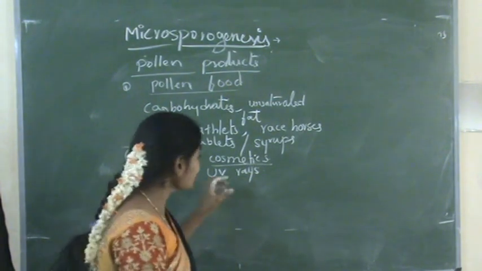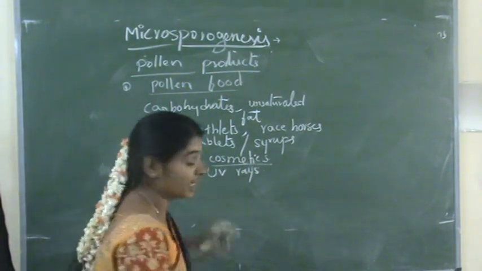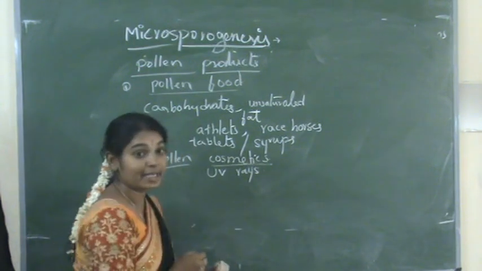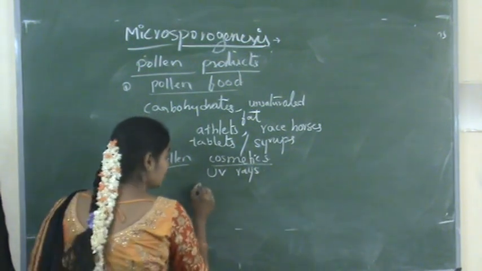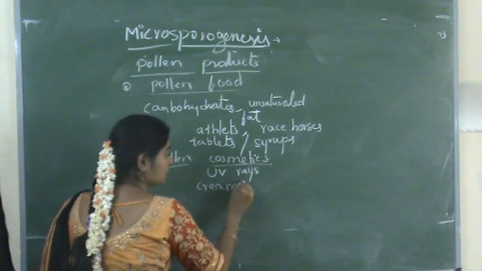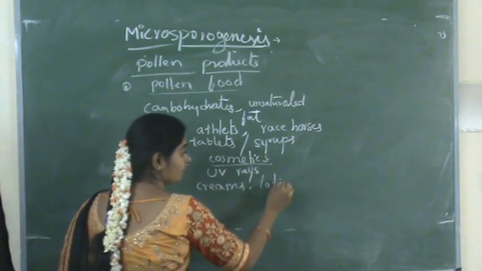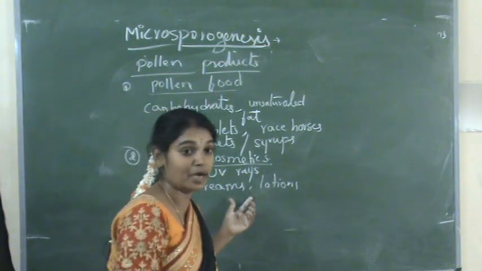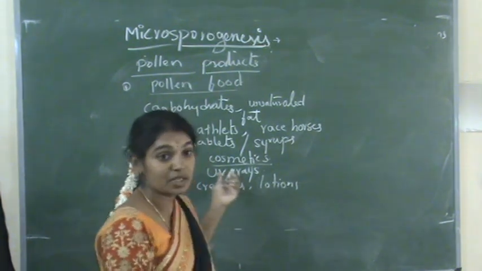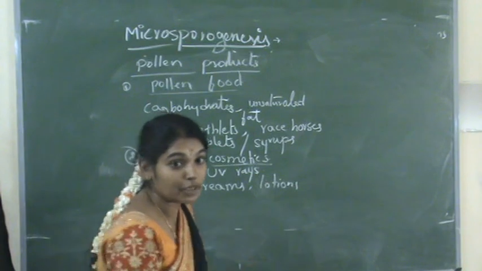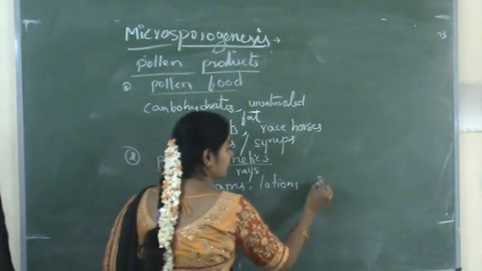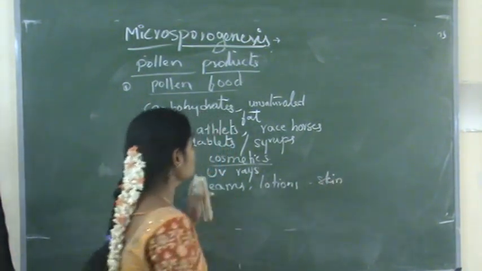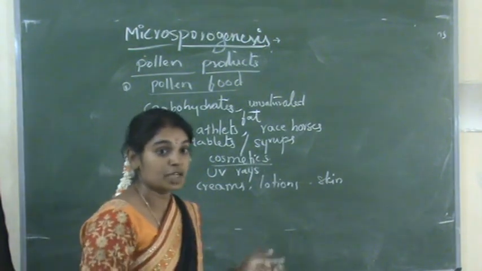As a result of this UV ray protection, these pollen grains are used in creams or lotions, especially in the moisturizing creams, for the protection of skin. So mostly these are used in the pollen cosmetics.